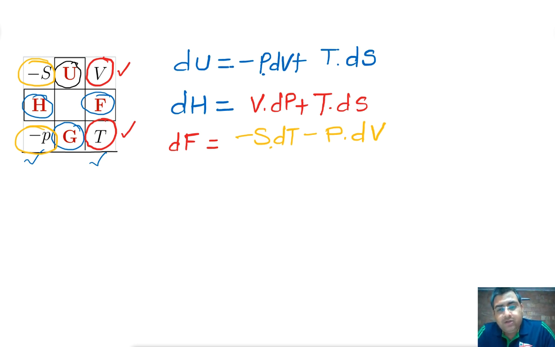Okay, so now in this case we are talking about g, the Gibbs function, so dg will be equal to, the opposite elements are minus s and v, so we will write minus s and plus v.